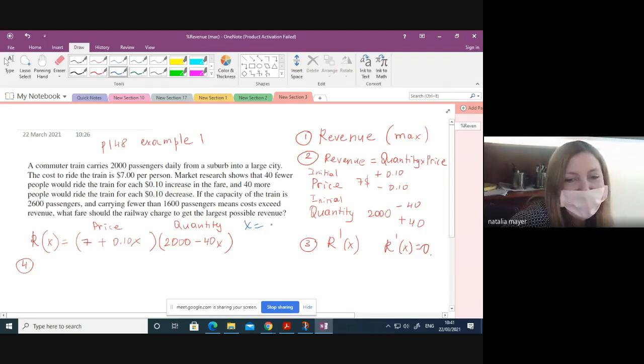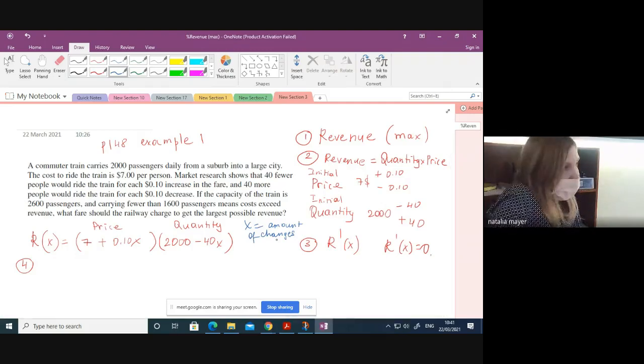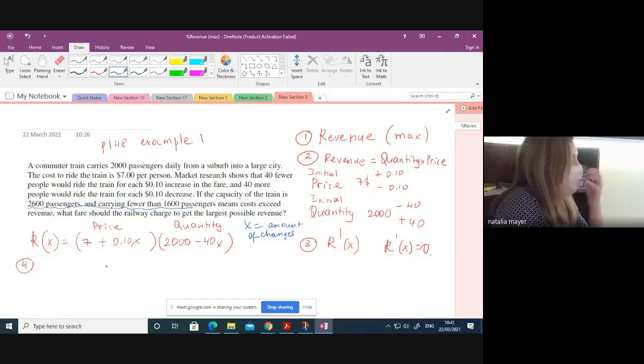So, the amount of changes. I changed once, this is the price, this is the quantity. I changed twice and so on. So do you understand why these values are not limiting x? They're limiting something else, because x is the amount of changes, and those values are people, right?